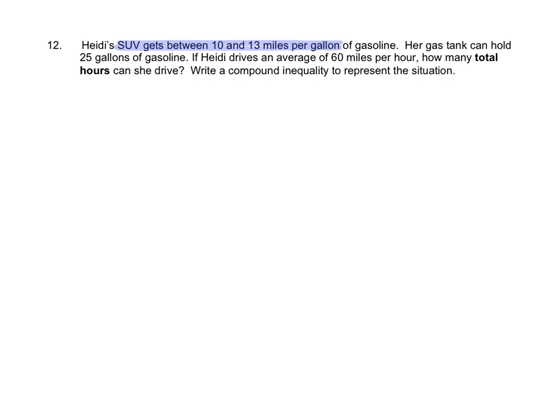So I'm going to write this down. I get between 10 miles per gallon and 13 miles per gallon. So how much she ends up being able to drive is going to be sandwiched in between. That's my variable, and it's between 10 and 13.